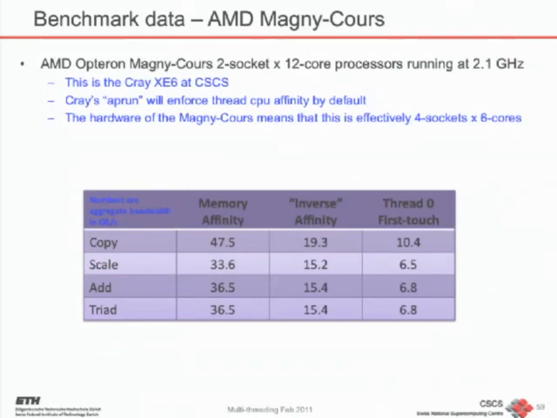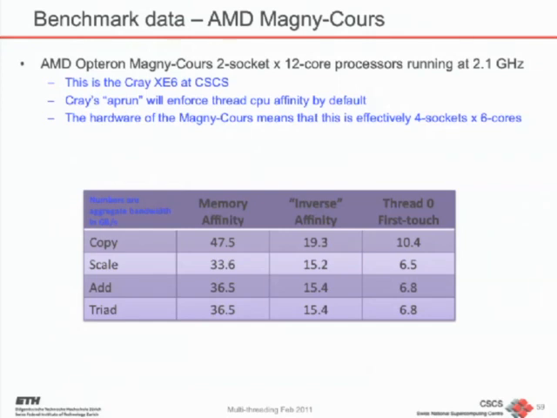Now we look at an AMD Magny-Cours. This is Palu. This is the machine you've actually been running on. And now we get even more dramatic. The black's perhaps not so easy to see on the purple, but the columns are the same order we had before. And now we have effectively 4 sockets of 6 cores. It's 4 dies because the Magny-Cours has these 2 dies put on.